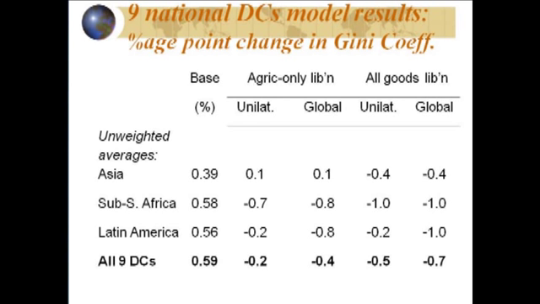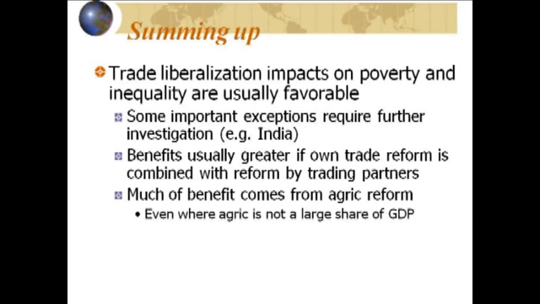So to sum up then, it does suggest from these case studies, global as well as national, that trade liberalisation would have a positive impact on both alleviating poverty and reducing inequality. There are some important exceptions, like India in these models. We need to look more carefully at what's going on in those Indian models to see why that is the case.